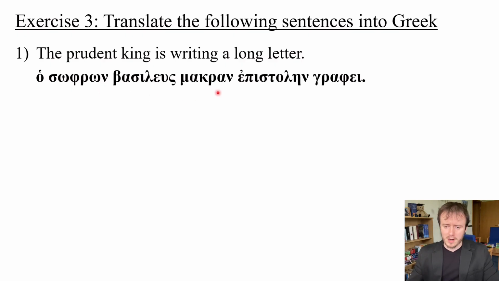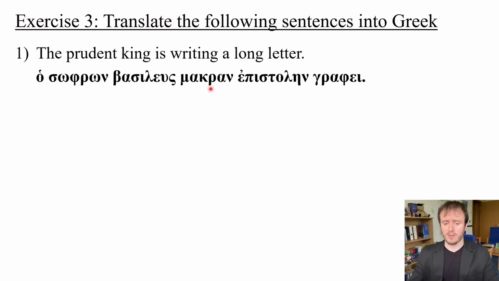We said makran epistolen because that is the accusative singular form of a long letter. We didn't put the definite article because we wanted to say a, and the adjective makros, meaning long, uses alpha in the feminine singular forms rather than eta because it's a 212 adjective with a stem ending in rho.